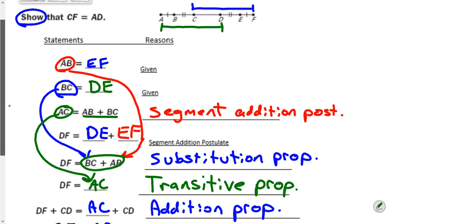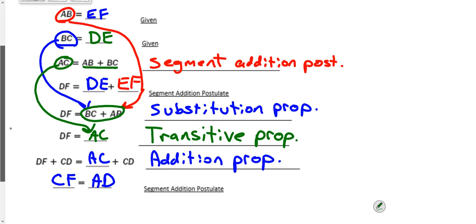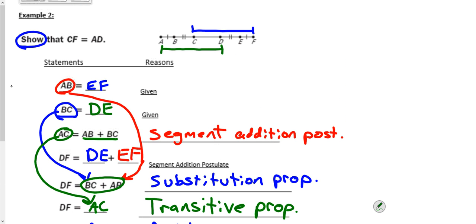To get that, we added DF and CD. There was DF and CD to get that larger segment.